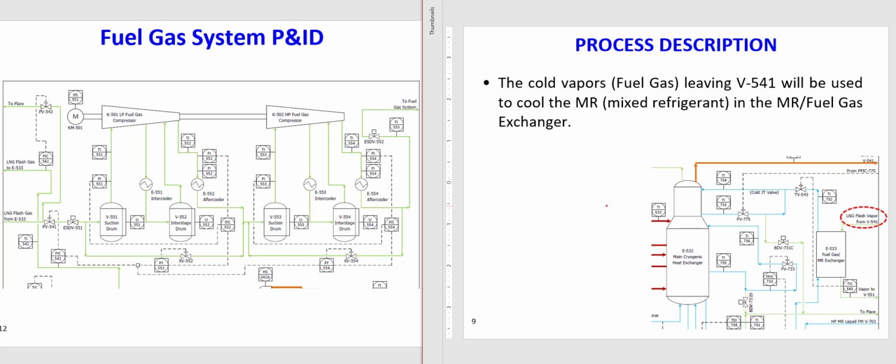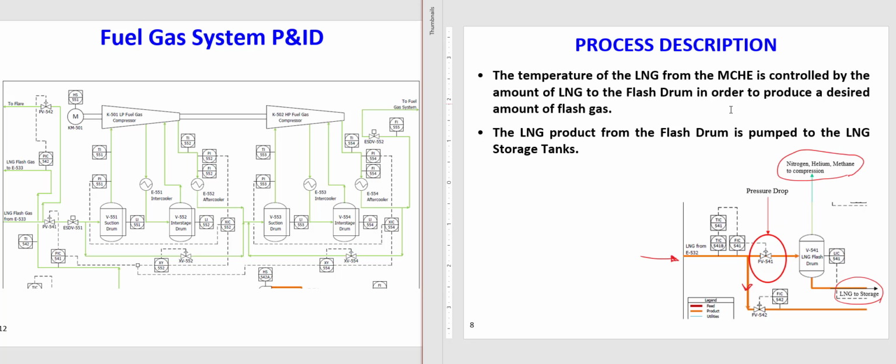Then, okay, after that, what we have? Okay, so this vapor here, which is cold at a temperature of about minus 182 or minus 180 degrees C, which is very cold, has a very good value because creating a cold temperature is much more expensive than creating a high temperature.